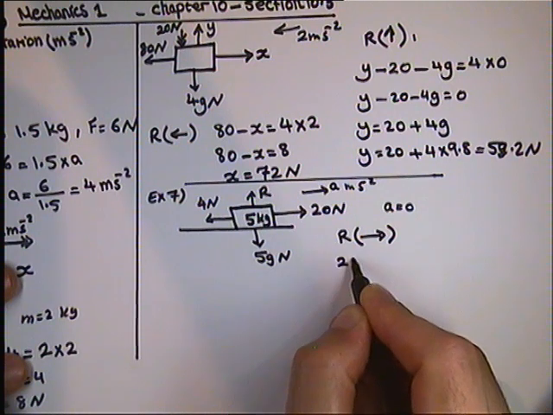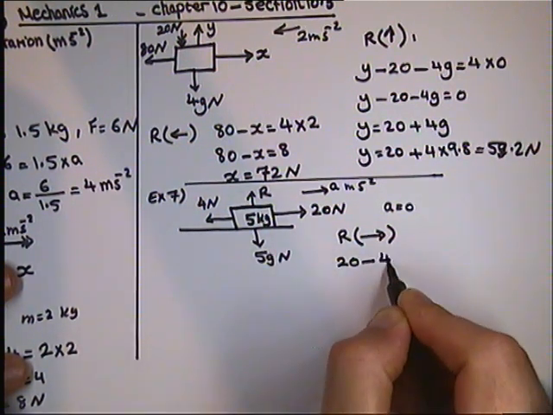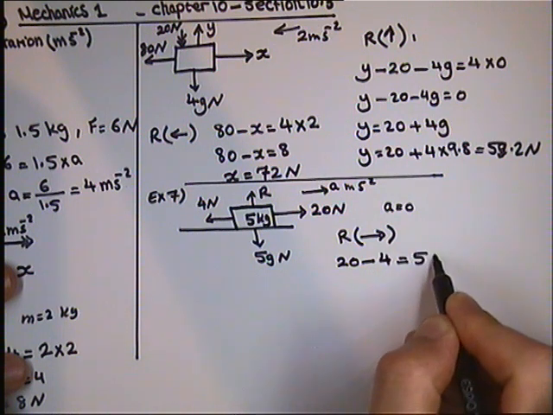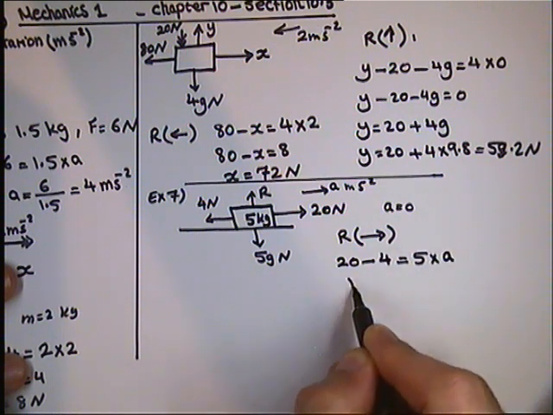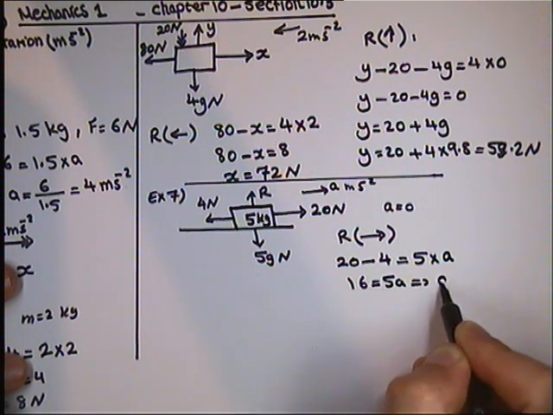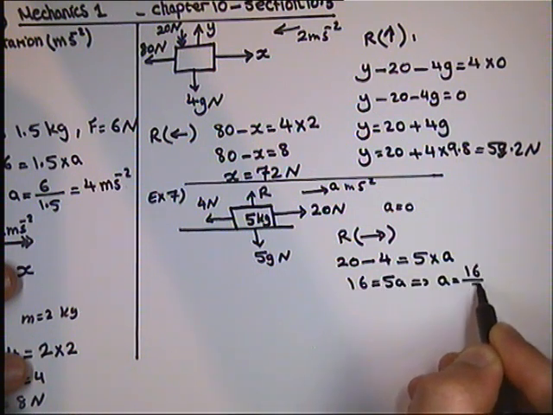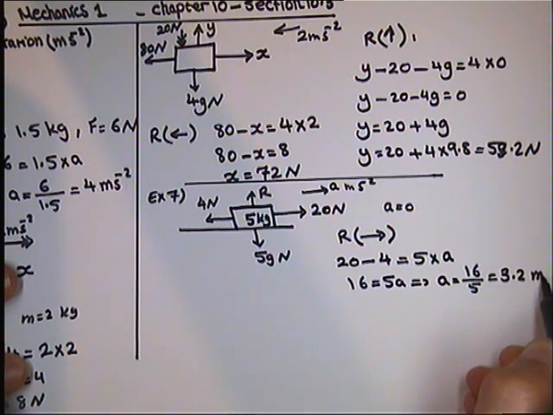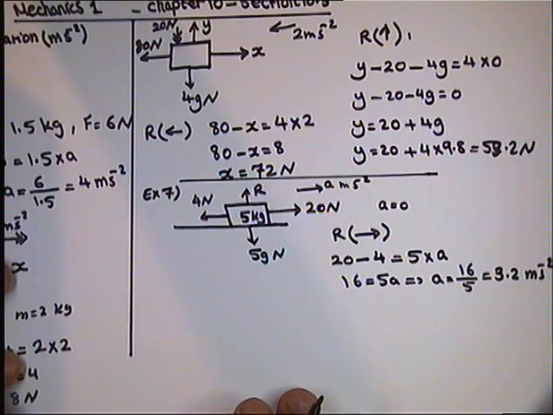So 20 minus 4, the resultant force, is equal to mass times acceleration. 16 is equal to 5a, therefore a is equal to 16 over 5, which is 3.2 meters per second squared.